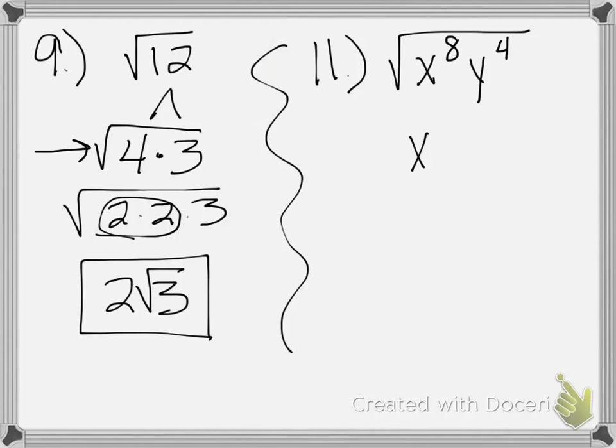So this is x to the 4th, y to the 2. All even exponents are perfect squares, and all you have to do is cut the exponent in half. Because x to the 4th times x to the 4th is x to the 8th, and y to the 2nd times y to the 2nd is y to the 4th. No radical sign. That is the square root.